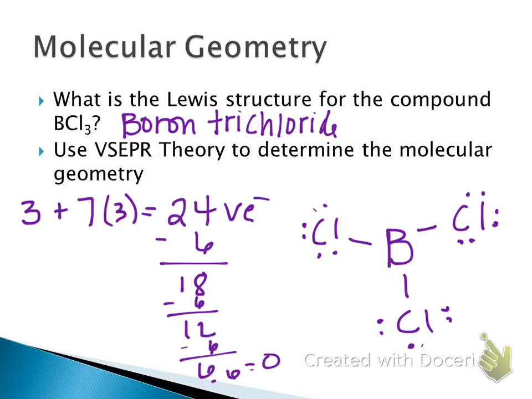Okay, so if you have a question here about boron, boron has 3 valence electrons to give up, right? To start with, it's got 3 valence electrons, and we've used each of those 3 within a bond. Okay, boron started with 3 valence electrons available to bond, and we used all 3 of them. So boron is a molecule that we consider to be able to have an incomplete octet.